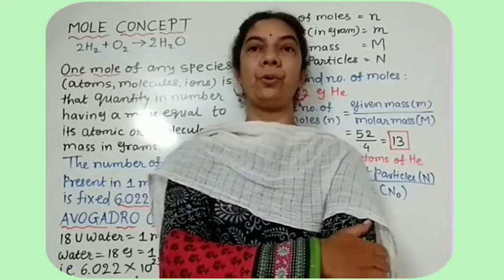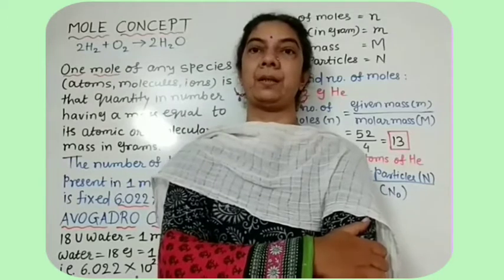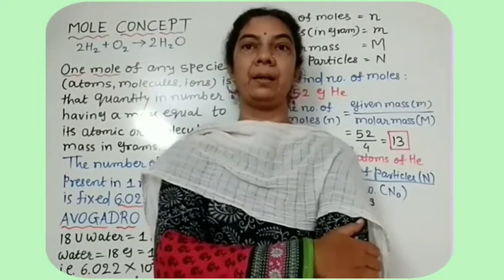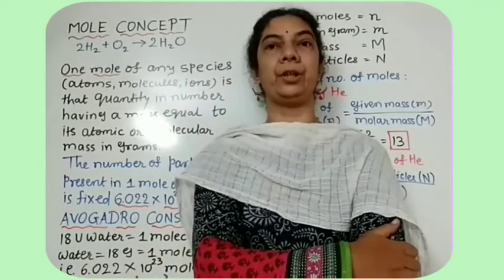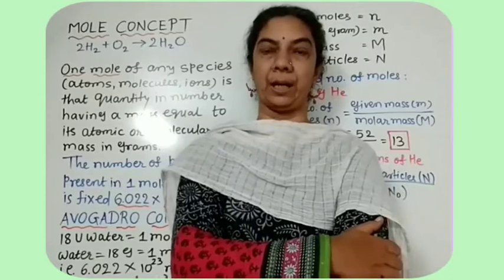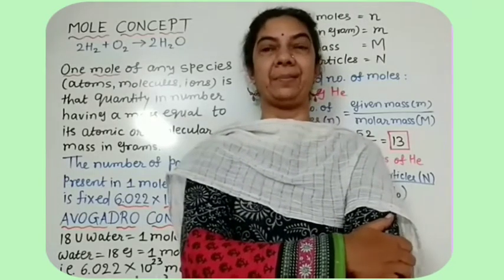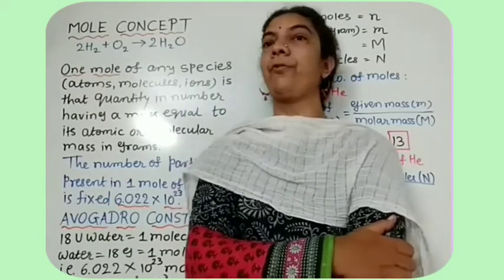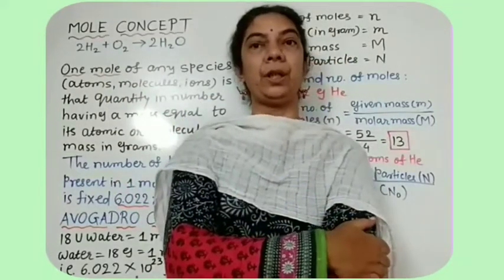If we want to measure the mass of these elements, practically we are comfortable with the units gram and kilogram. Kilogram is very big for atoms and molecules, but still we need to find out the mass of these elements in the unit of gram.